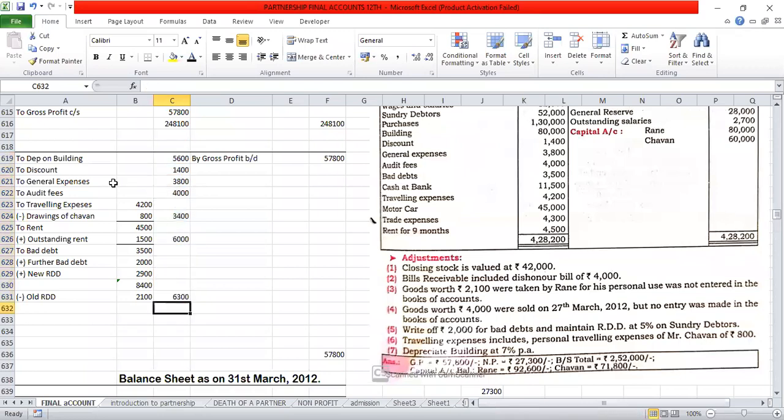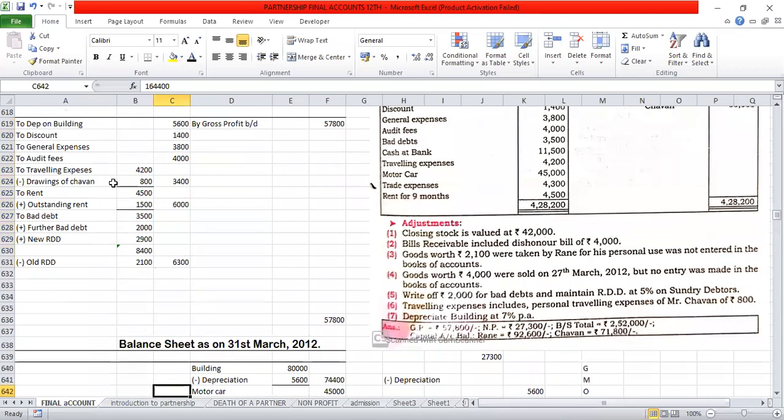You have to subtract 30,500: 57,800 minus 30,500 is 27,300.